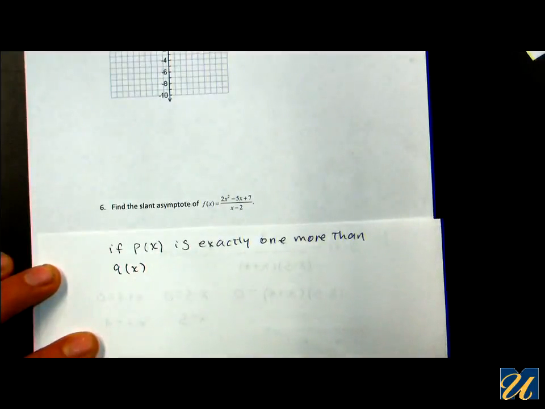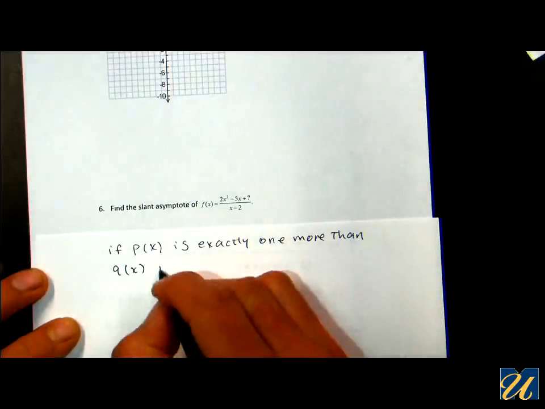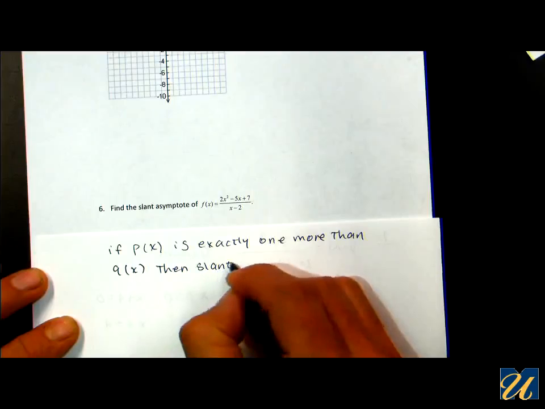Exactly one more and only one more. Is that what we have? We have 2x squared minus 5x plus 7 divided by x minus 2. Yes, we have exactly one more. Then a slant asymptote exists.